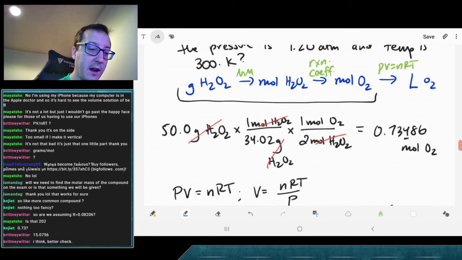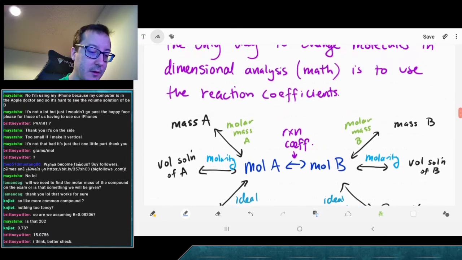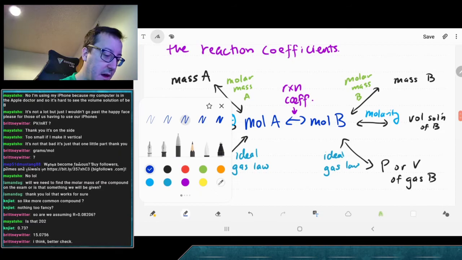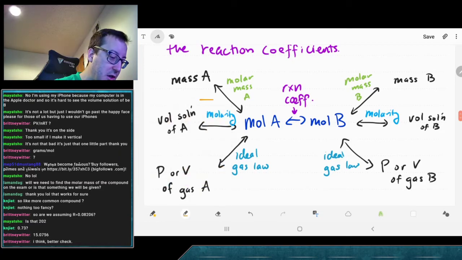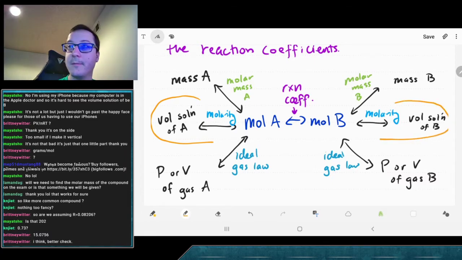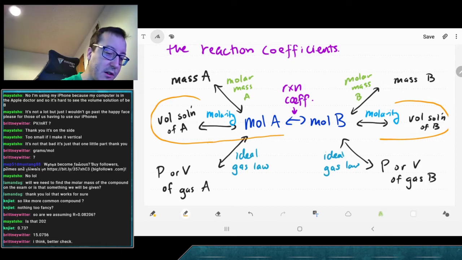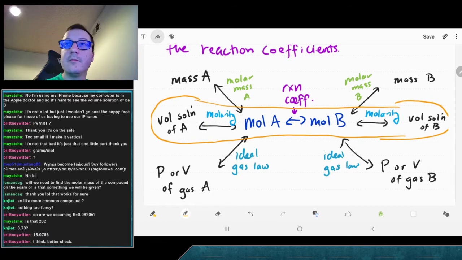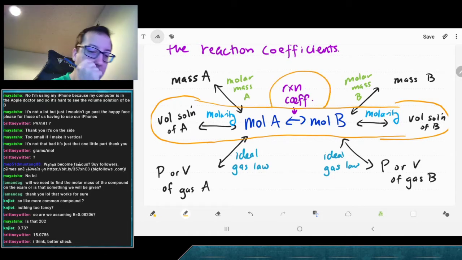So let's go ahead and go back up to our chart, as always. So we have a volume of solution A, and we are looking for the volume of solution B. So it looks like we're just going to go straight through the middle here. And so we can see here, oops, I forgot to circle our conversion factor there.